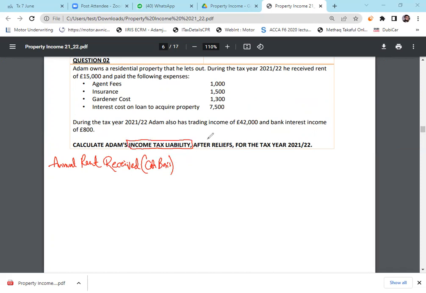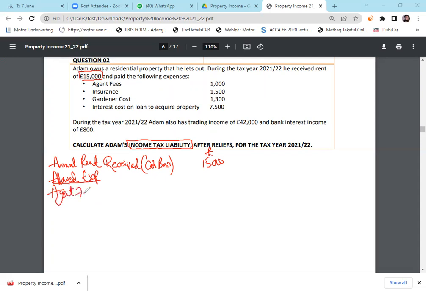Okay. Do they set any basis of assessment or is it silent? It is silent, which means cash basis. How much money did you get? 15,000. Very good. There is no premium because we still haven't discussed premium. Allowed expenses. Agent fees, what do you think?